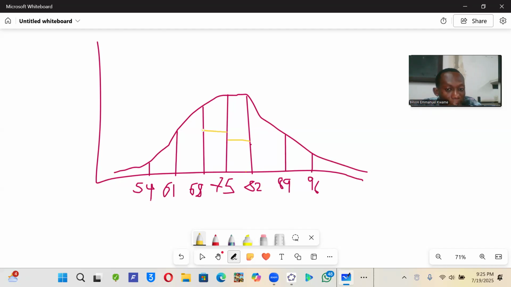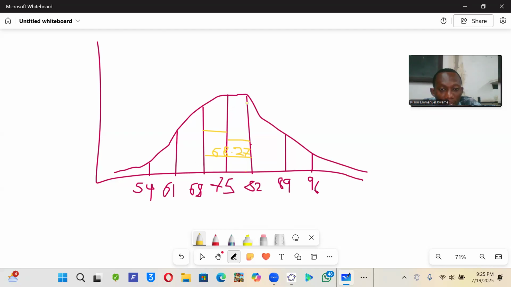Then we've learned that within the first deviation from the mean, the probability is equal to what? 68. Do you remember that? That is equal to 68 point something, right? Good. Let's go 68.27. So that is exactly what we are going to get.